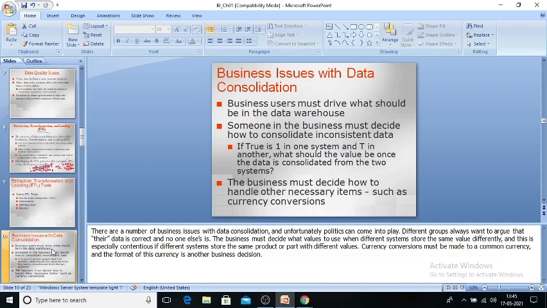Which currency should I follow? Again, this is also a business plan. The business people are going to take care of that. They're going to take a decision on that. So the format of this currency is also one of the business issues which needs to be handled.